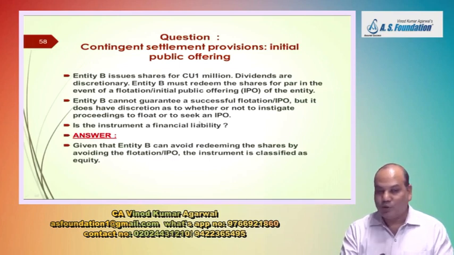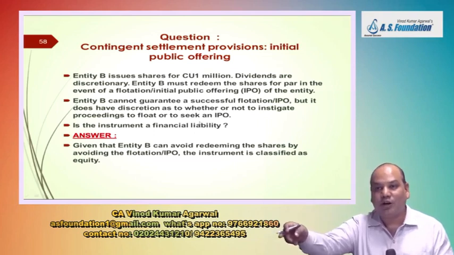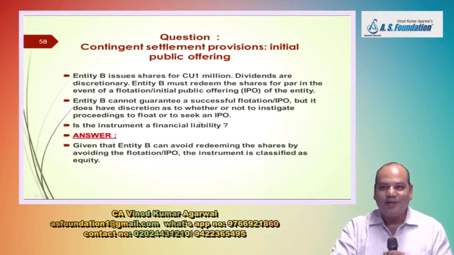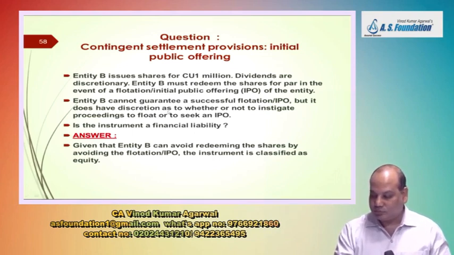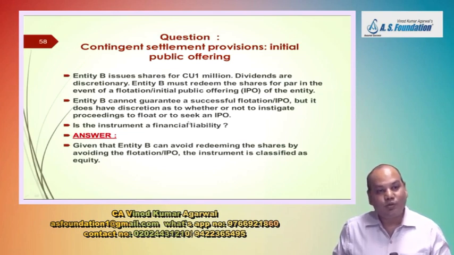They will not come out with an IPO forever, and therefore they are not required to redeem the face value also. So this way you can avoid the principal payment till you come out with the IPO, and IPO or flotation of share is purely at the discretion of the entity.